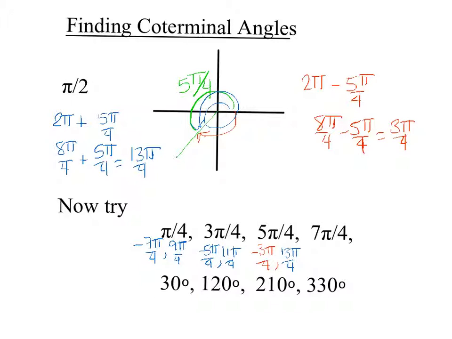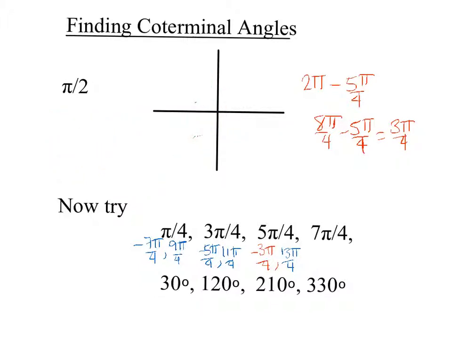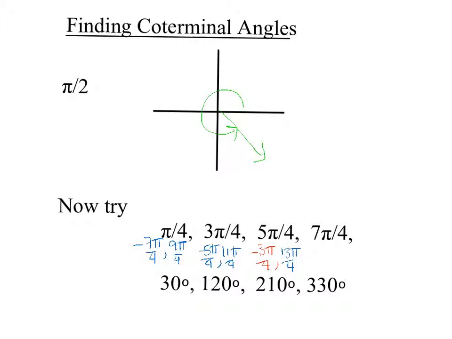All right, let's do 7 pi over 4. 7 pi over 4 is going to be right there. So that's a big angle. When I do my first coterminal, it'll be negative. I'm going to take 2 pi minus 7 pi over 4. And when I look at the common denominator, it's going to be 8 pi over 4 minus 7 pi over 4.